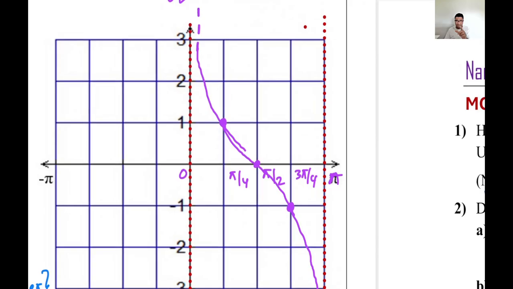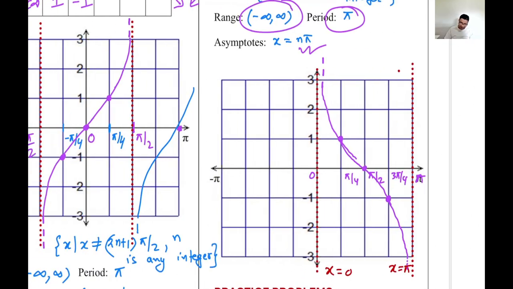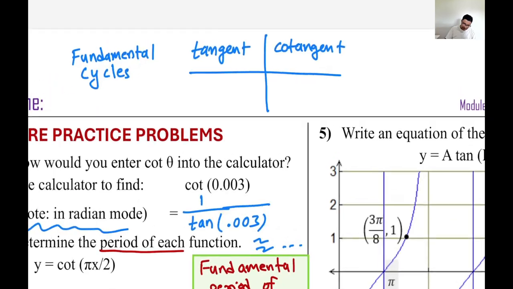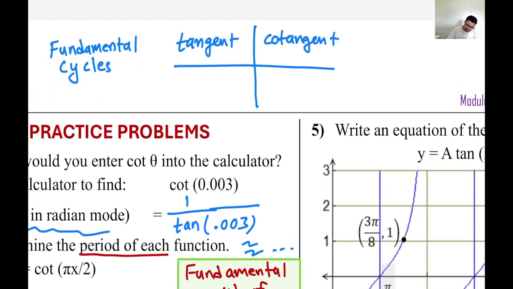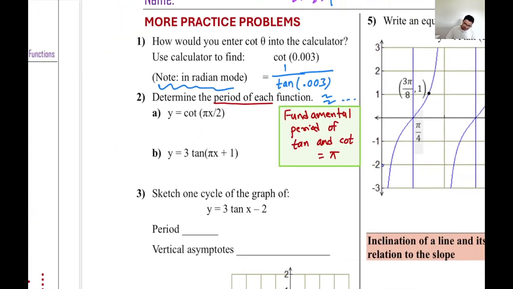Not including those, but in between. Okay. Hence, in my fundamental period, tangent is negative pi over 2 to pi over 2 fundamental cycle, and for cotangent it is 0 to pi. Okay, the length is pi in both cases.